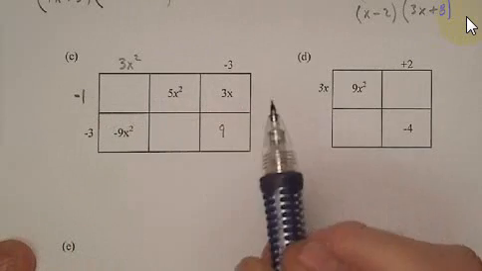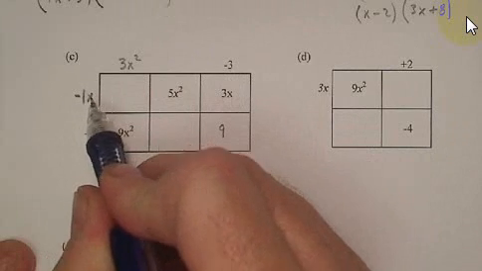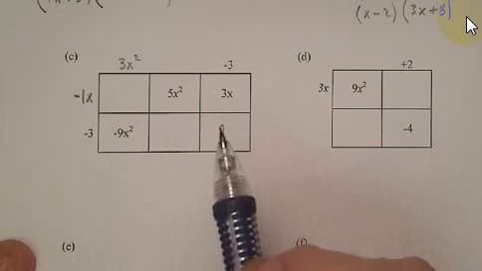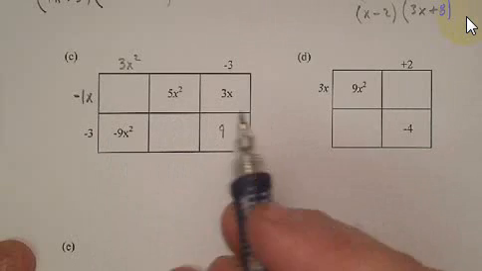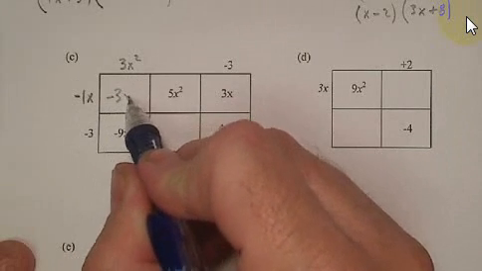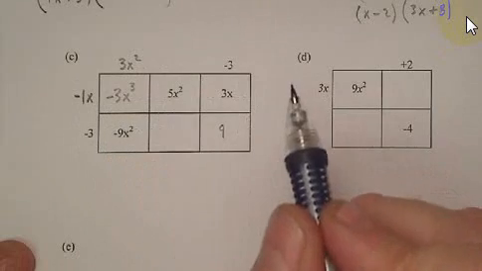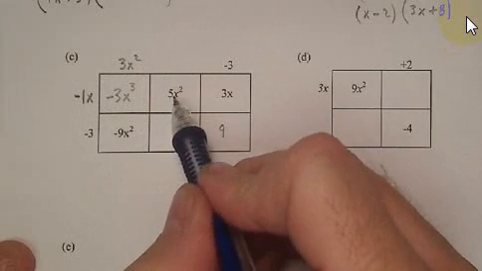Now I didn't need to write that one because the other thing we need here is the x in order to get that x. So you could have just written negative x, and I will do that when I write the sum down here. So negative 1x times 3x squared is negative 3x to the third, or cubed. Negative 1x times this location has to be 5x squared.